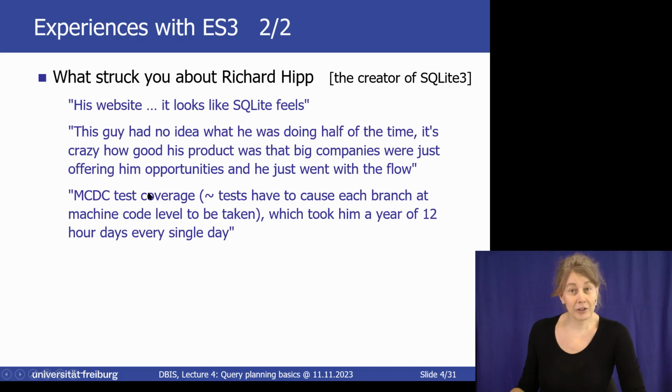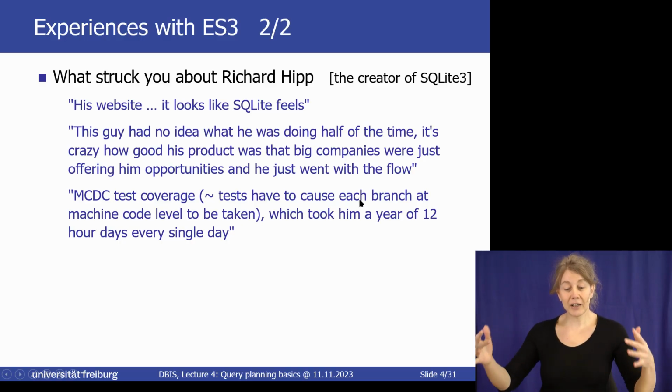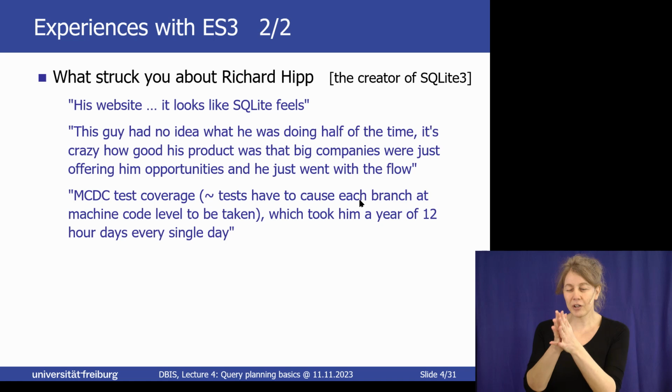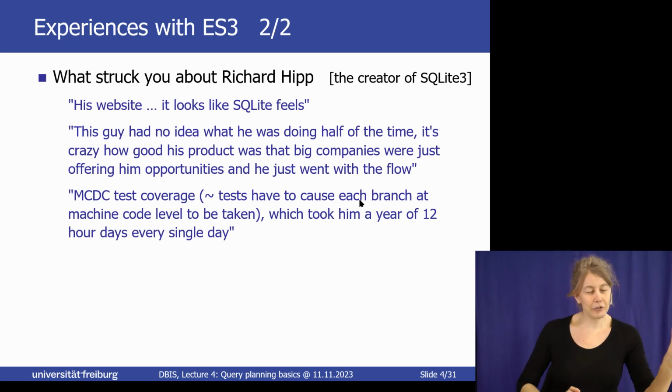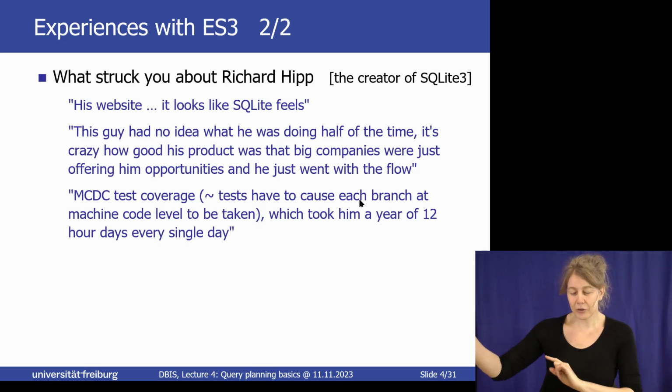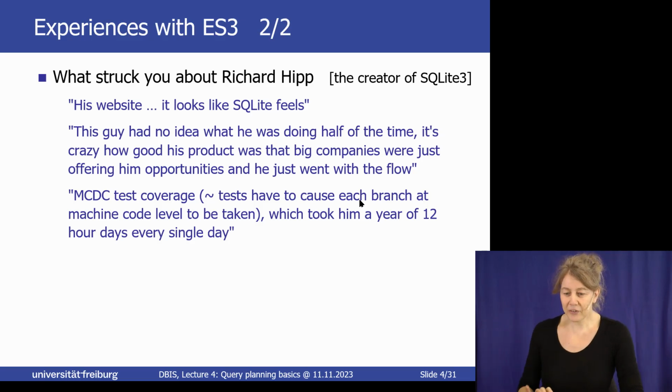MCDC test coverage. You write unit tests, and I hope you have learned and appreciated by now how important unit tests are. But there's a different industry standard, which is about tests so that each branch at the machine code level, whenever you have a machine code instruction that says, depending on the value of this register, jump there or continue with the next instruction, you have to test both outcomes.